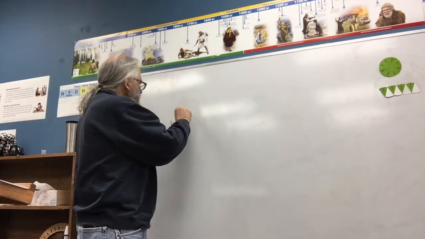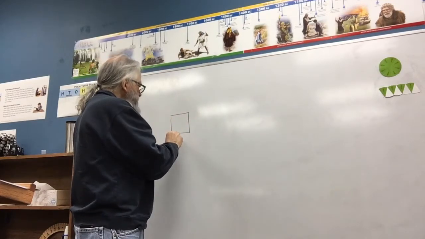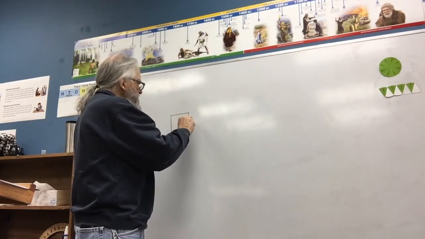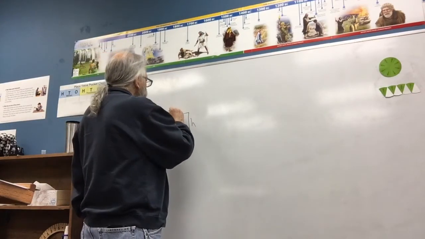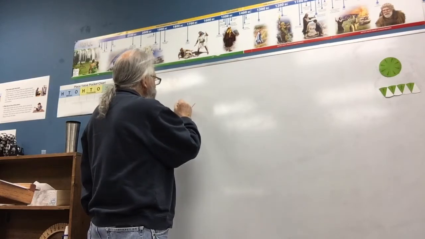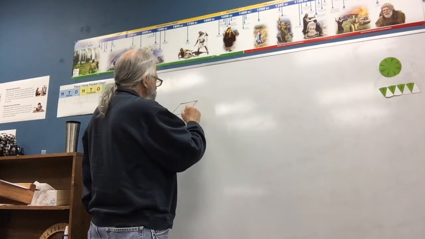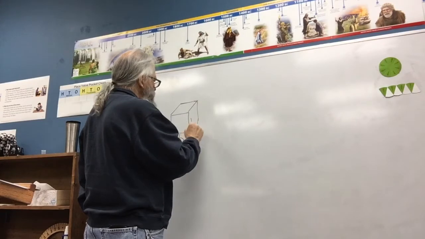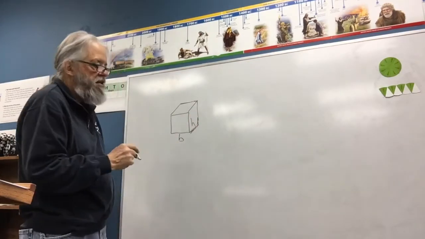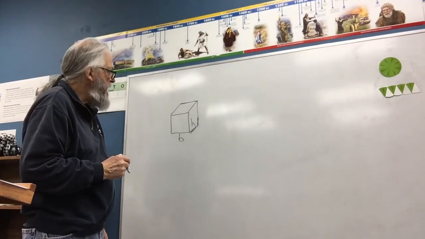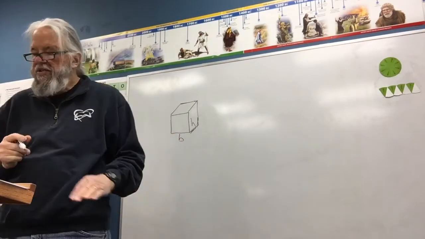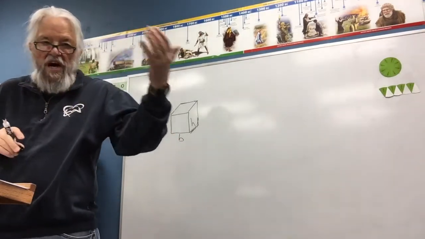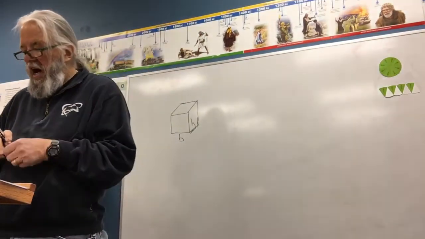And that was base times height, right? That was area. So now, when we're going to a three-dimensional object, okay, now we've got the base or length times width times height.